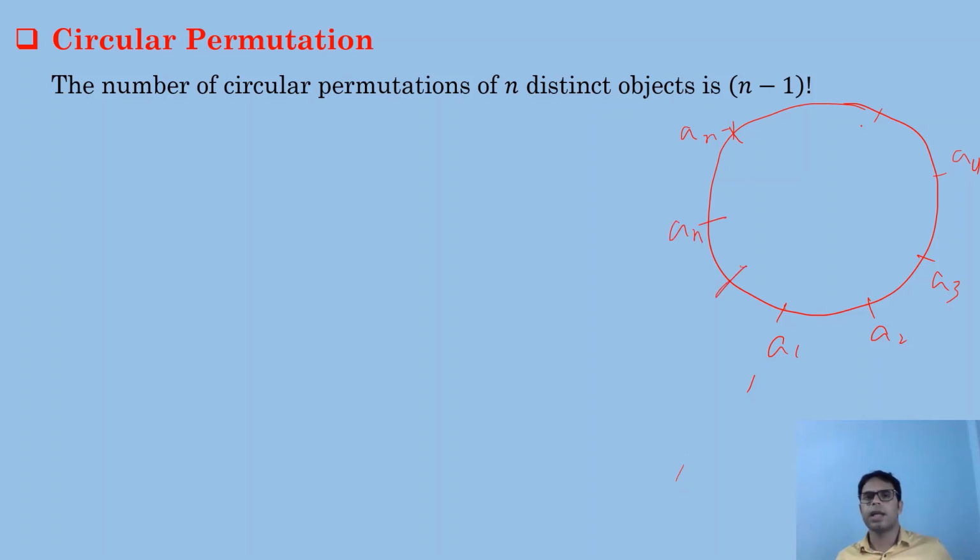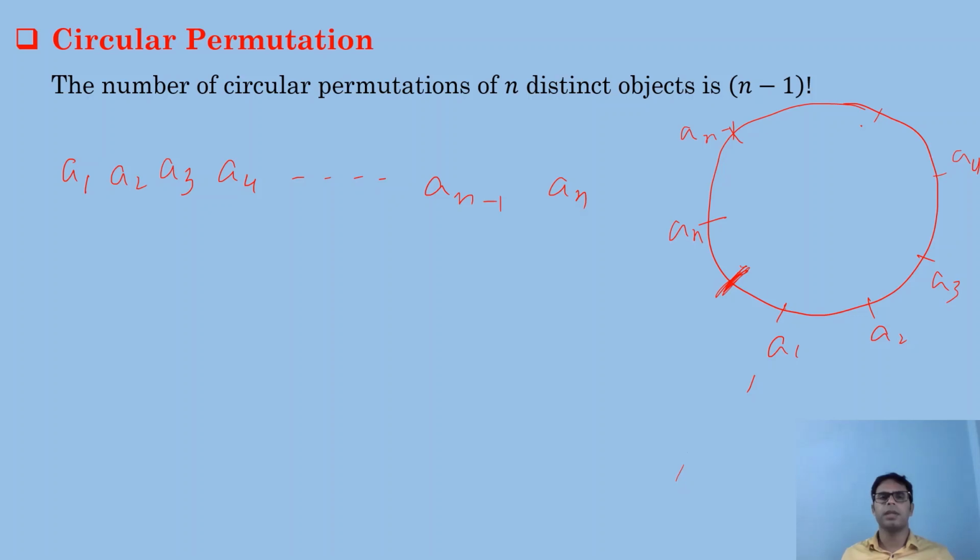Now cut this circle here and open the circle. Then what is the linear permutation? Is it not a1, a2, a3, a4 and so on, a n minus 1, an?